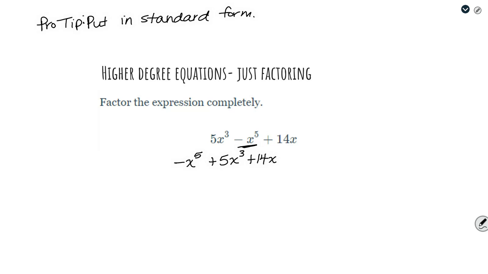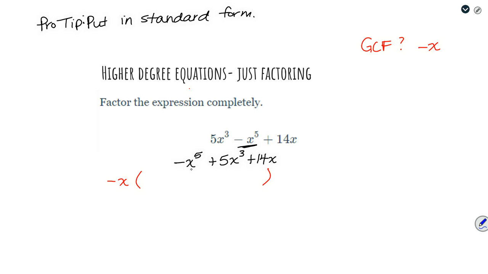Then I'm going to try to factor. So is there a GCF? Well, look, each term has an x, so I can factor out an x. And I like my first term to be positive, so since this first term is negative, I'll factor out a negative x. So negative x on the outside of my parentheses here.